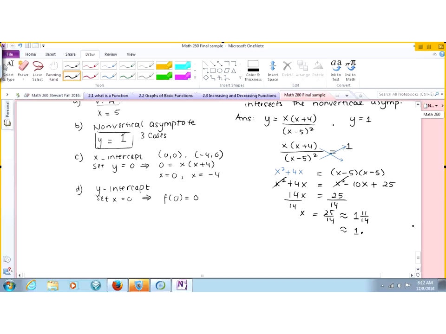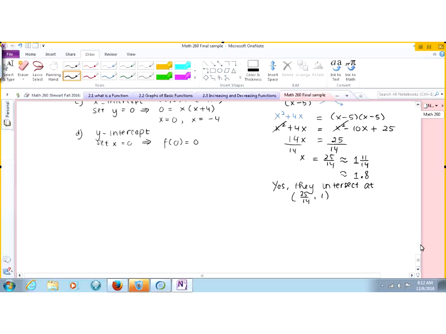Would you guys please tell me? 1.78, so that's going to be 1.8, right? All right, good. So what is your answer? Do they intersect? Yes, they intersect at (25 over 14, 1).